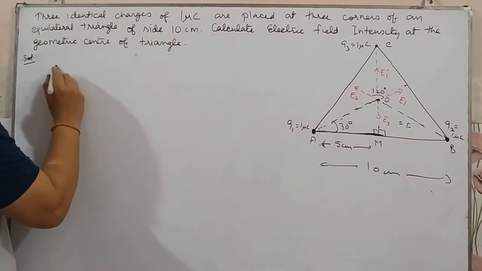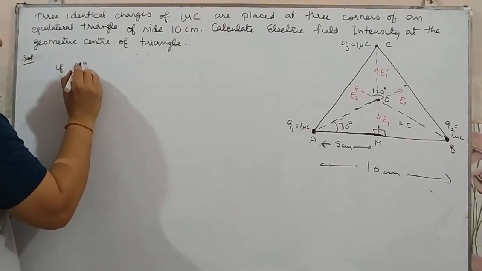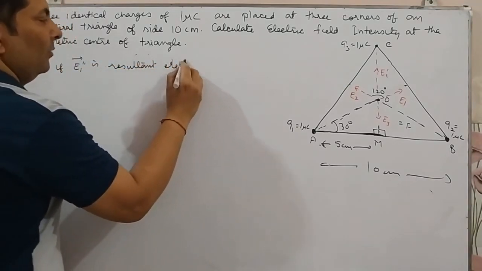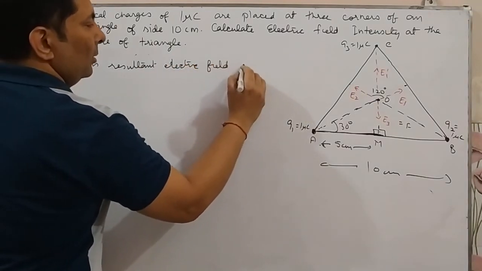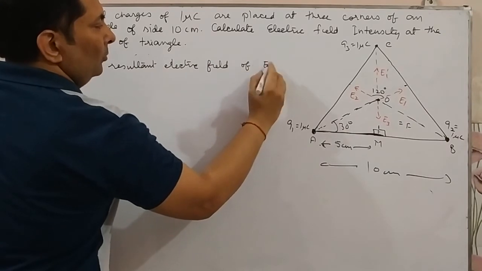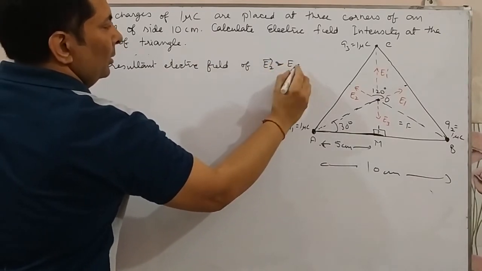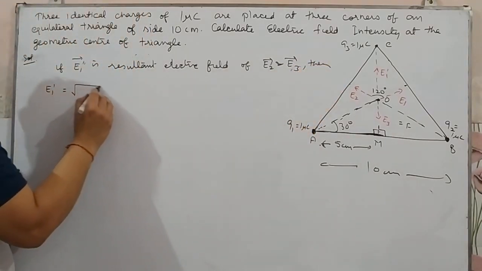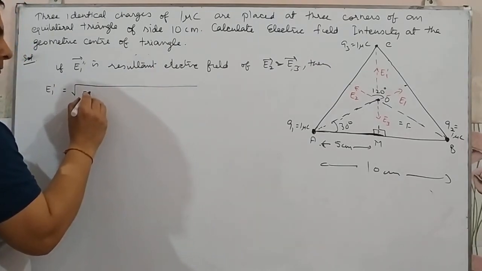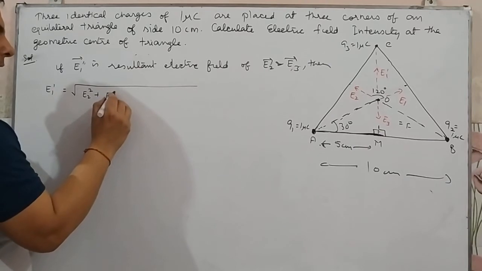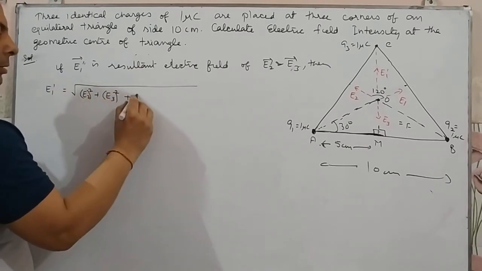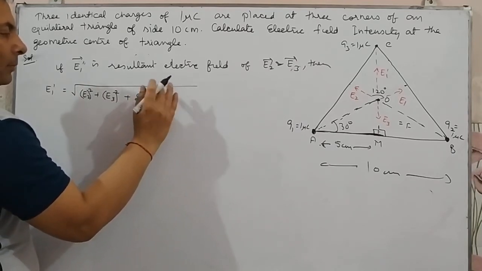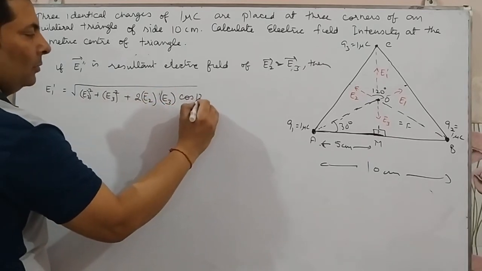Now, if E1 dash is the resultant electric field of E2 and E3, then the magnitude of E1 dash is given as root of E2 square plus E3 square plus 2 E2 E3 cos of 120.